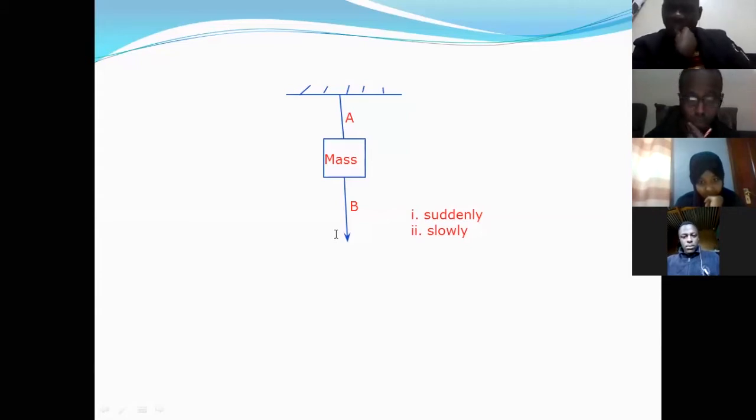B will cut due to inertia of rest, the mass tends to resist the change from rest to motion. Baja. Abdul Malik, the first answer is correct. Baja is answering for us the case when it's pulled down slowly.